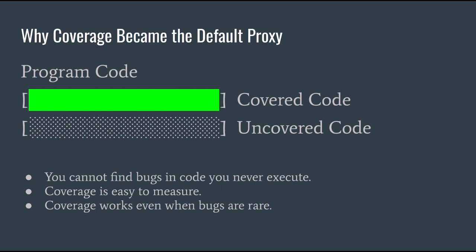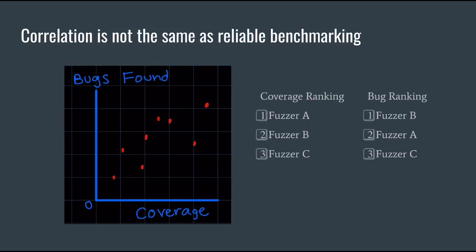If a fuzzer explores twice as much code, do you think it will necessarily find twice as many bugs? This is the type of question that this paper investigates. Coverage and bug discovery often show a strong correlation, so fuzzers that explore more code tend to find more bugs.